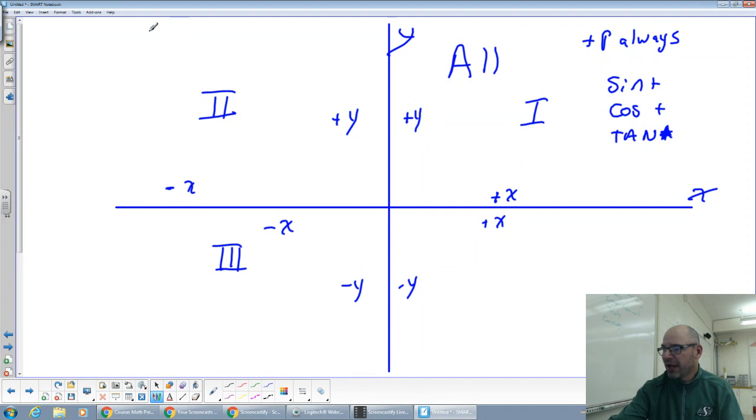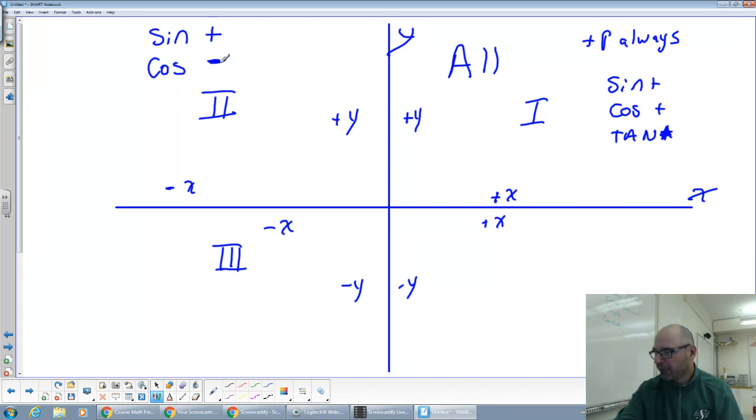If we look at sine, it is y over r. Y is positive and r is always positive, so sine is positive. Cosine is x over r. X is negative, r is positive, so this is negative.